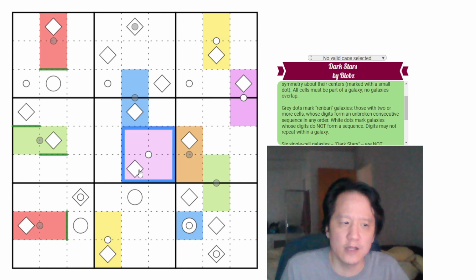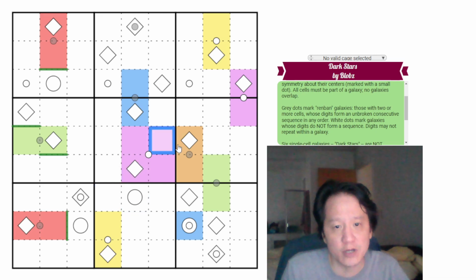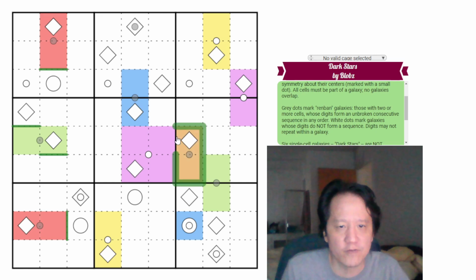So for the galaxies, if it's in a different box, in a different row, and a different column, it could actually be part of the same. Okay, so this cannot be part. Okay, so we know the length of this. This cannot go here because this is a separate galaxy. So we know this is a separate galaxy by itself.